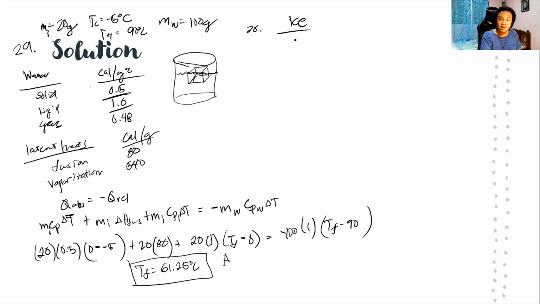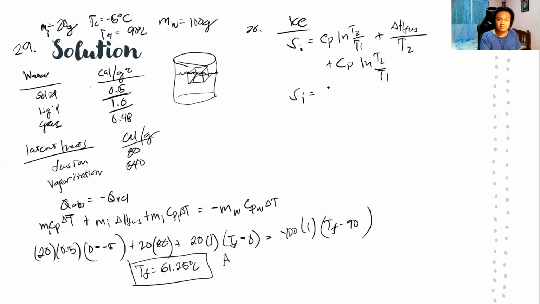So for the ice, Si, you have Cp ln T2 over T1, plus the h-fuse divided by the T2, and then plus Cp of the water at liquid, ln T2 over T1. So how do we do that?